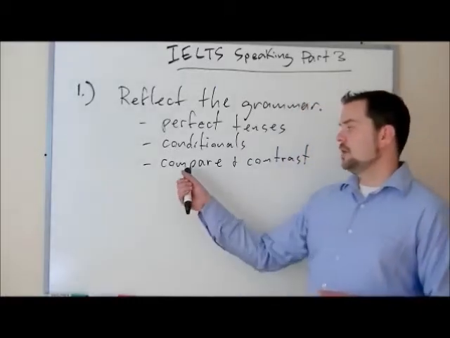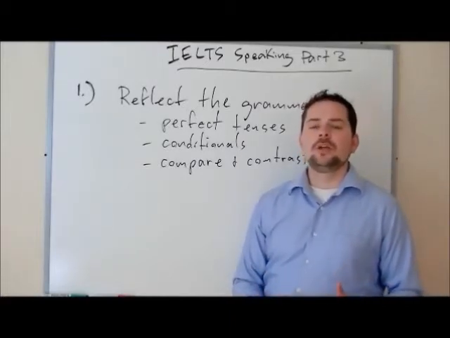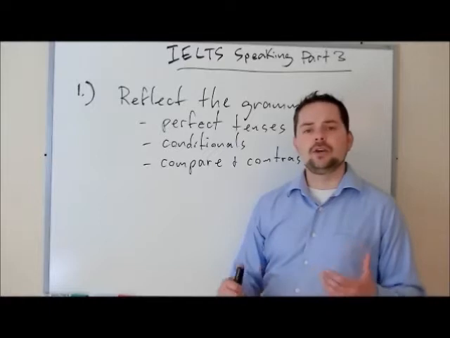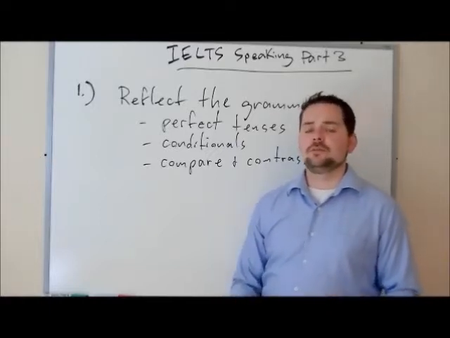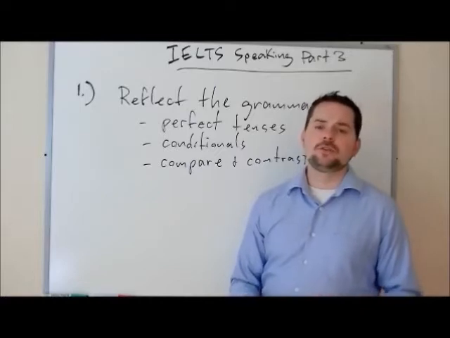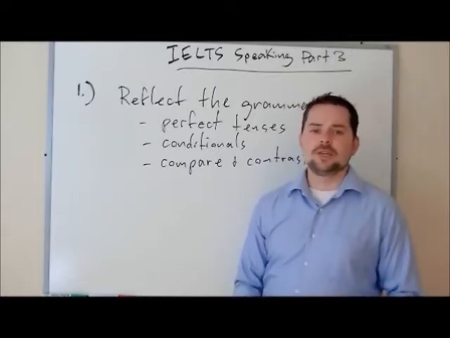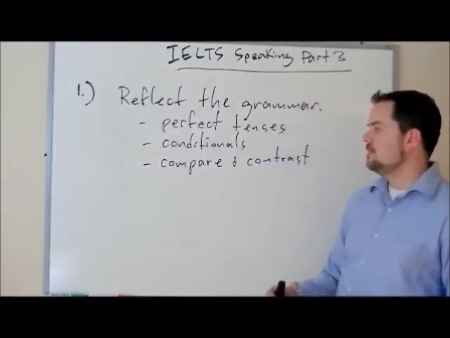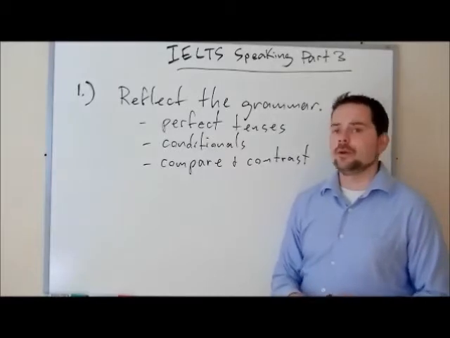For example, you would answer this, well, one advantage of being a role model is that many people will admire you and look up to you. However, a disadvantage can be that a role model often loses their privacy and feels a lot of pressure because they cannot make mistakes. So make sure you use nice long sentences and reflect the grammar.